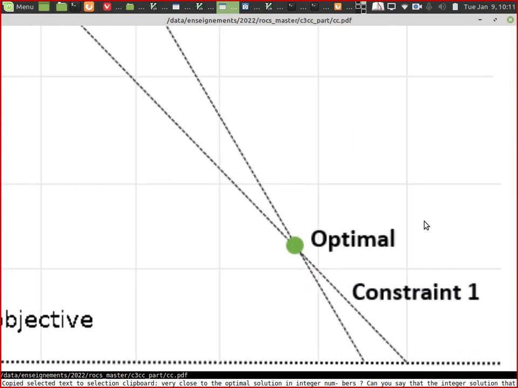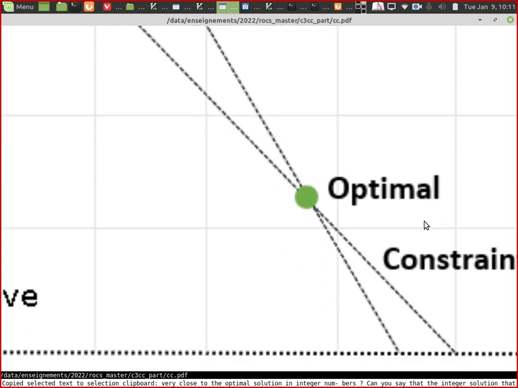Let me zoom. I have just zoomed here. This is the optimal in real numbers. Strictly speaking, the closest feasible integer point is this one, while the optimal solution is here. See?